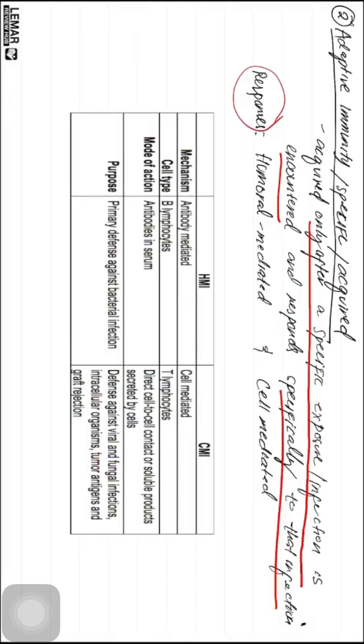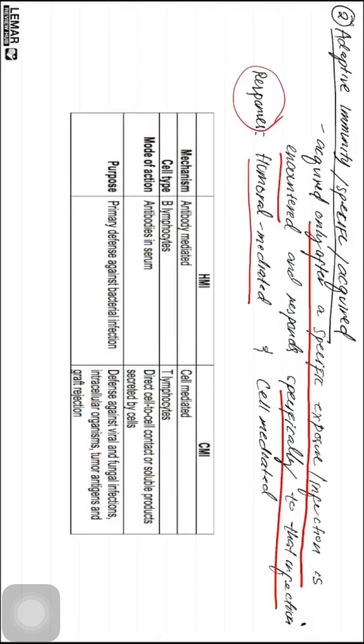Second, we have the adaptive immunity or specific or acquired immunity. So, this is acquired only after a specific exposure or infection is encountered, and responds specifically to that infection. So, what are the two responses under adaptive immunity?